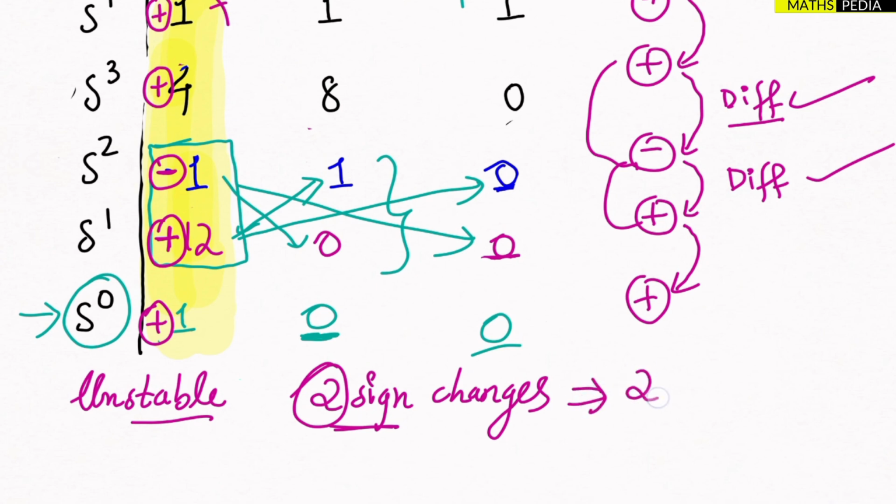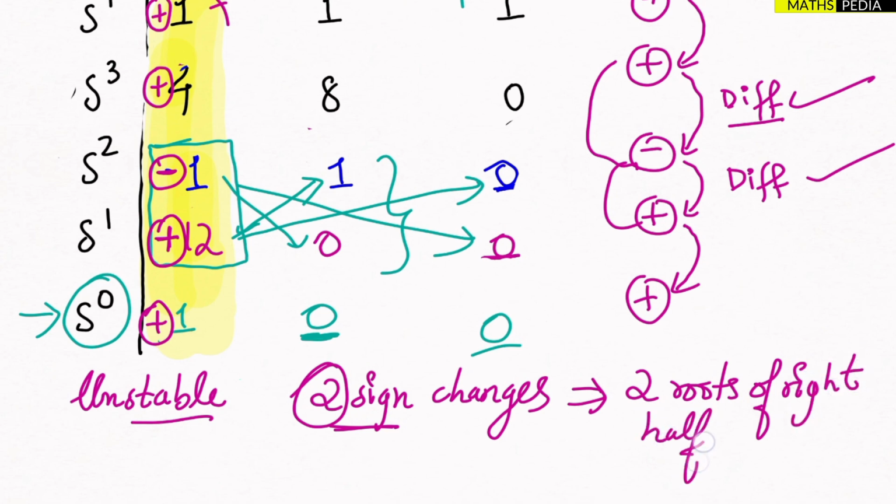So the number of roots depends on the sign changes. Therefore, we can say that there are two roots on the right half of the S-plane. That means two roots are making this system unstable. See, I should always have the roots on the left half of the S-plane. Then only I can say the system is stable. But I am getting roots on the right half of the S-plane. That means the roots are making this system unstable.